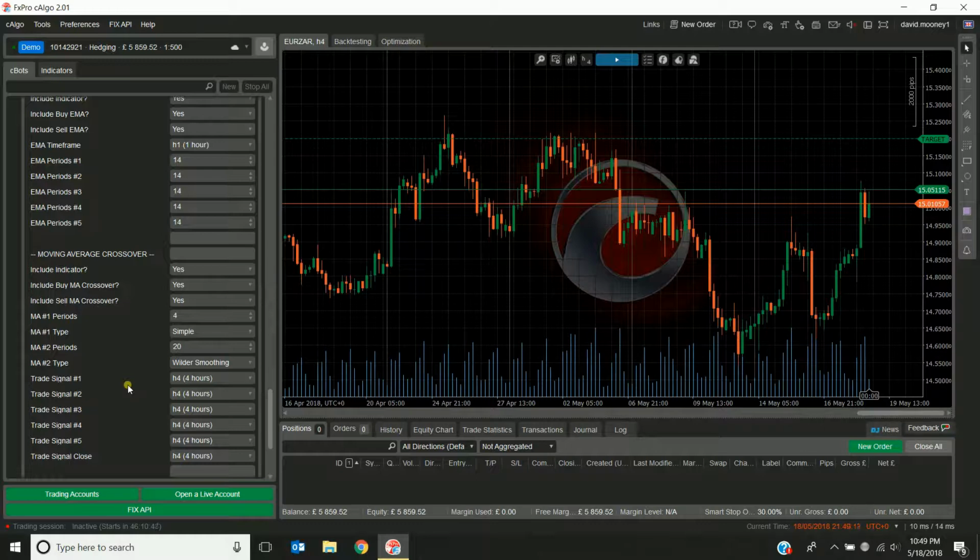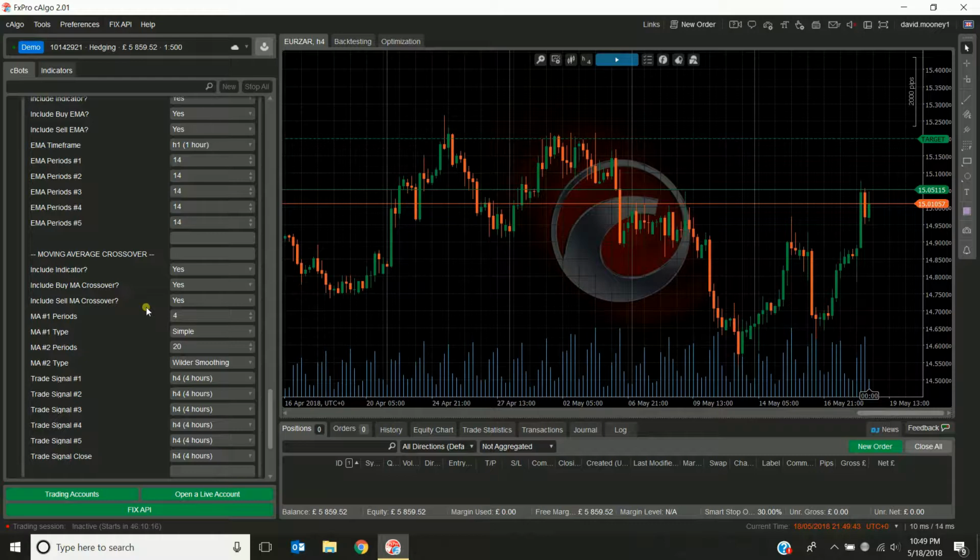So let's go ahead and take a look at some of the customizable parameters available here. I will briefly mention the standard include parameter, which is set to yes or no, at the top, as in previous indicators. That's just for including or excluding this indicator in your instance of MAG.